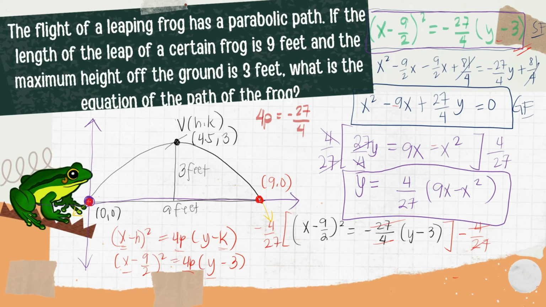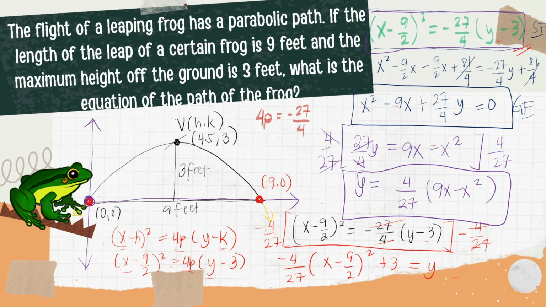And then, ang matitira lang sa right side is y minus 3. So, negative 4 over 27 times x minus 9 over 2 squared. And then, yung negative 3 na to, lipat na lang natin sa left side, magiging positive 3. Ang matitira is y.